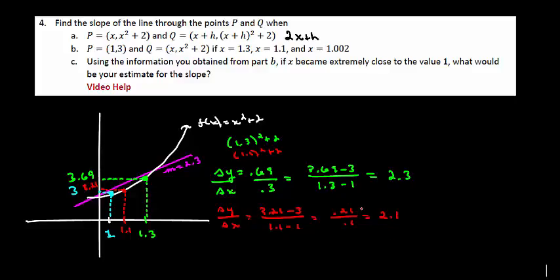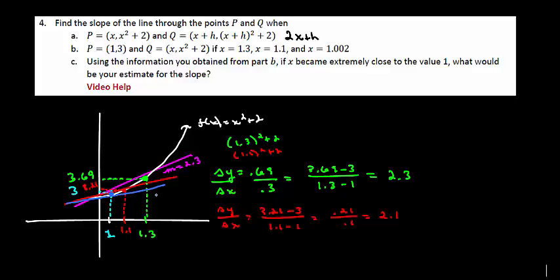Now what I want you to notice is that this second slope, I'll draw another line in there, in red this time. Grab my straight edge. It gets tight in here. It's not as easy to do on the computer. But what I want you to see is that the red line is a better approximation to the tangent line. There's a tangent line that runs through this blue point right here.